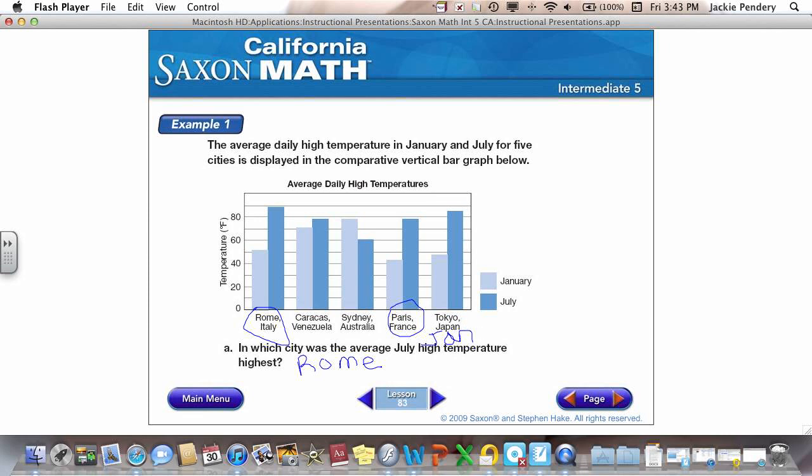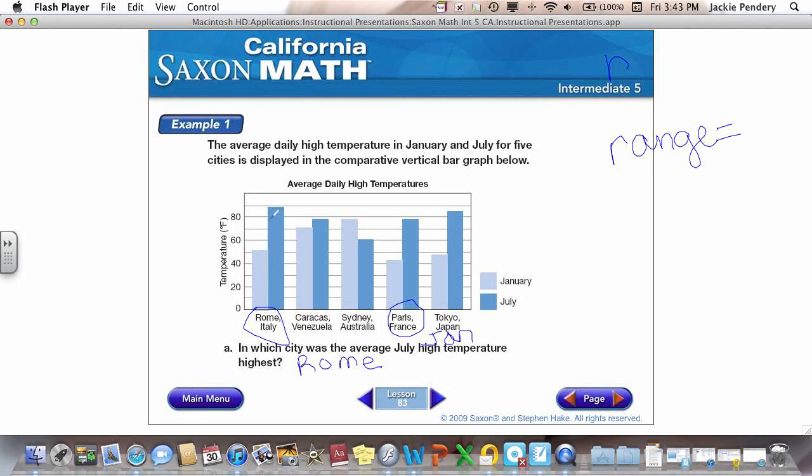Okay, I'm going to leave this up here and just read question C to you. C says, which city had the smallest range or distance between January and July? So I'm looking for the city that has the smallest distance between my two.